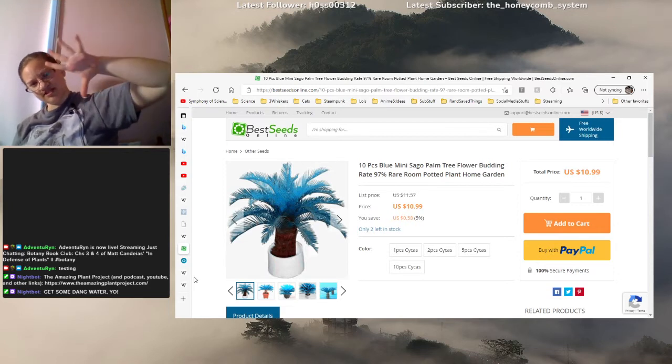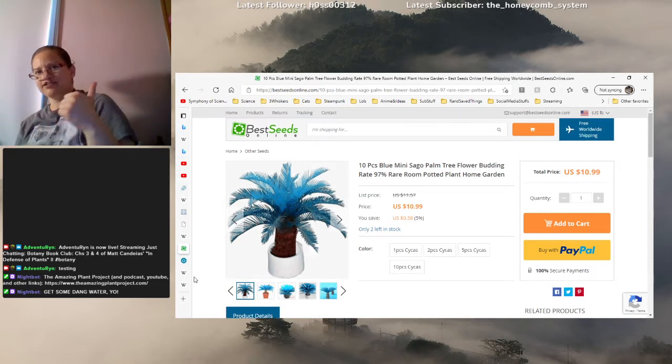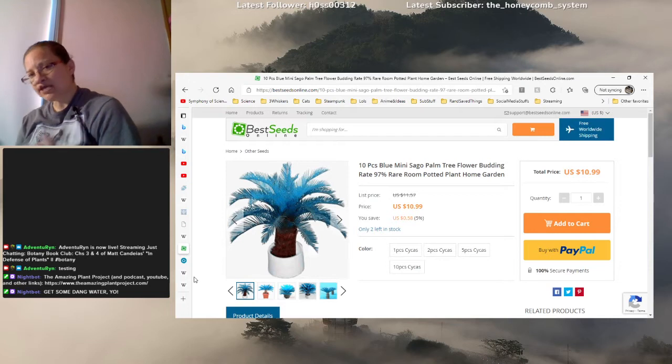This is not a thing, you know. A, a mini sago is just a young plant. And B, they're not blue. They have chlorophyll.